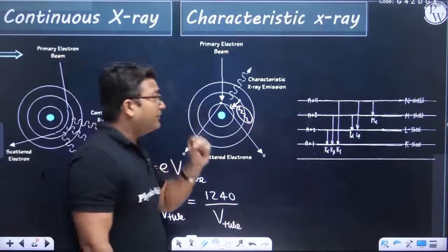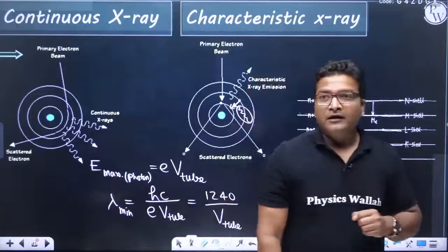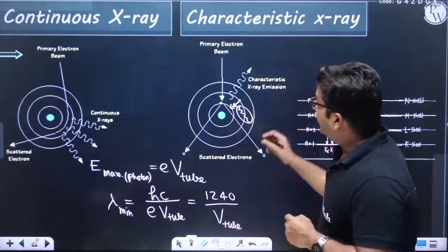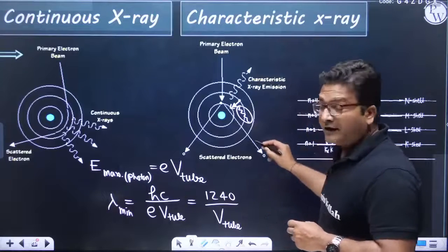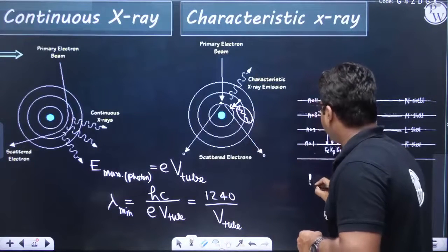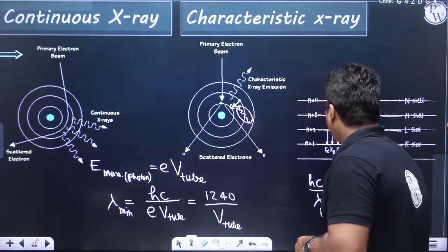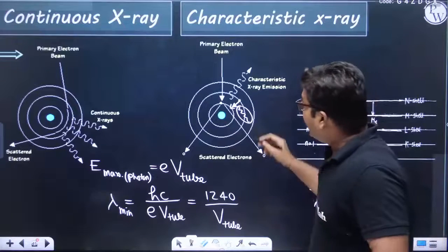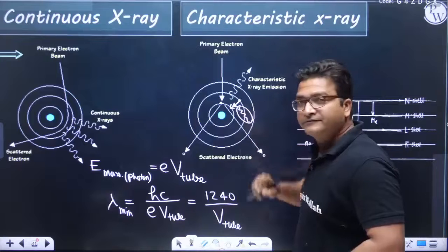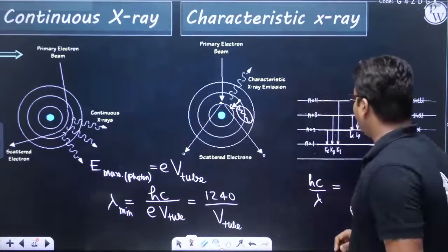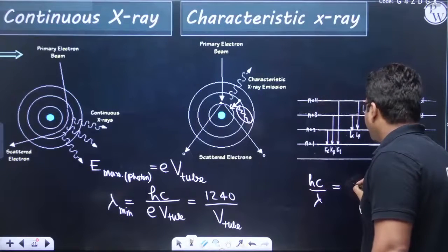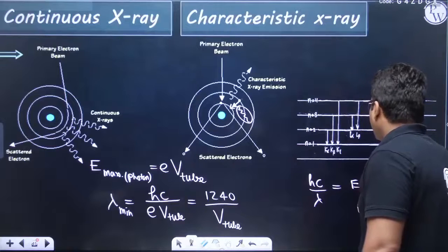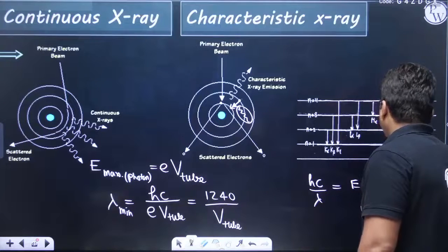But if we talk about characteristic X-rays, can you see here? Here the photons are being emitted, and the energy of the photon, that is hc by lambda, is actually equal to the energy difference between two shells. So it is equal to E_m minus E_n.